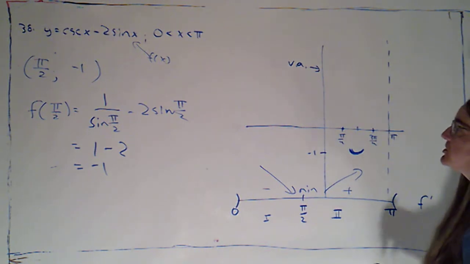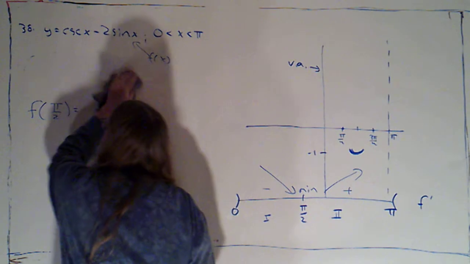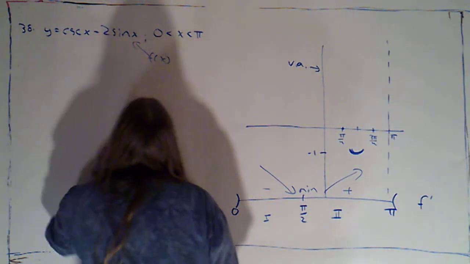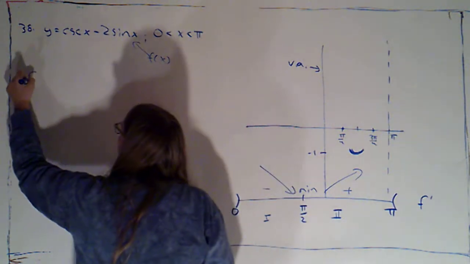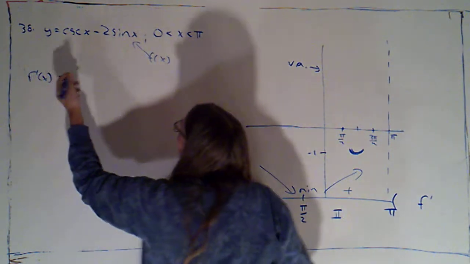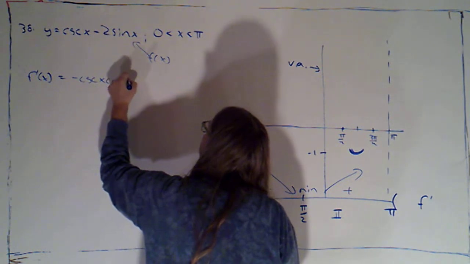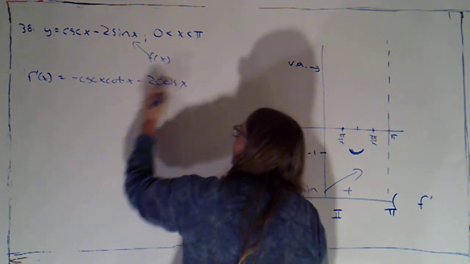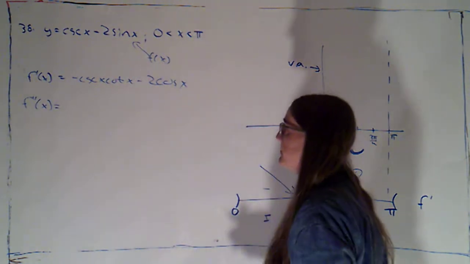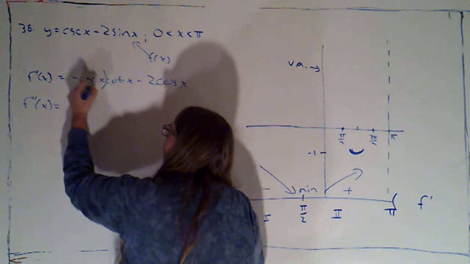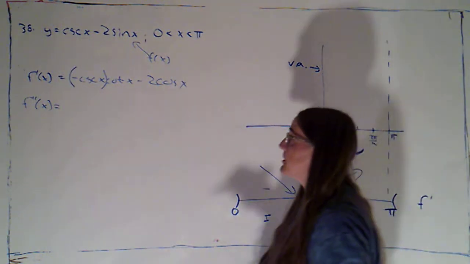And now let's just check our second derivative. So let's see, f prime of x we had was negative cosecant of x times cotangent of x minus 2 cosine of x. So if I take a look at f double prime of x, I'm going to just view that negative sign as going with the cosecant as I go through the product rule here.